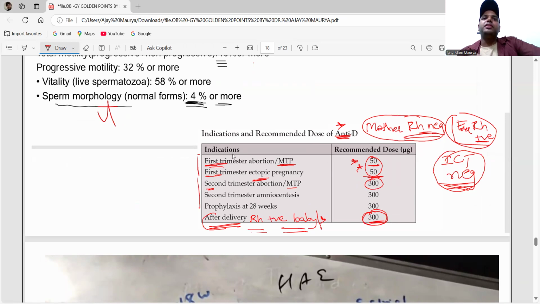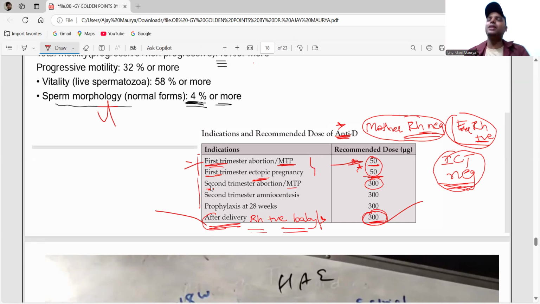For first trimester abortion and first trimester ectopic pregnancy, you have to give 50 mcg. This question was asked in the January and July examinations: after delivery it is 300. Before delivery, for first trimester abortion and ectopic pregnancy give 50.